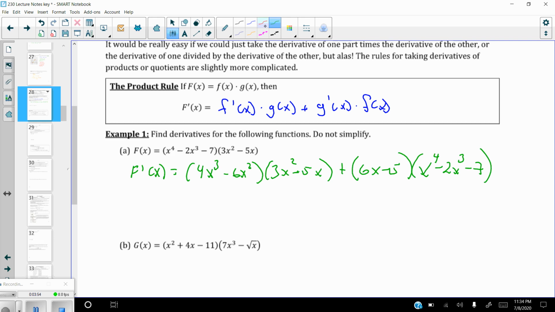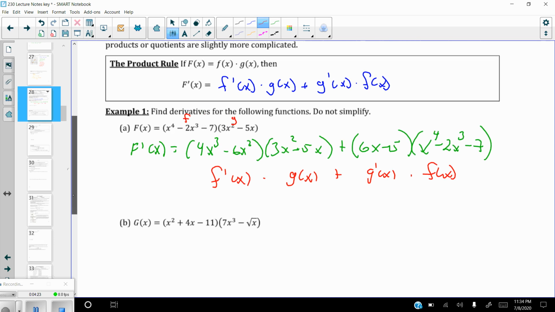So once again, it is the derivative of the first, so this is basically your f prime, times the second one, that's your g, plus the derivative of the second one, that's your g prime, and then times the first one, that's your f. So if we label these as little f and little g, that should help see what we're doing. Okay, let's go ahead and do letter B.